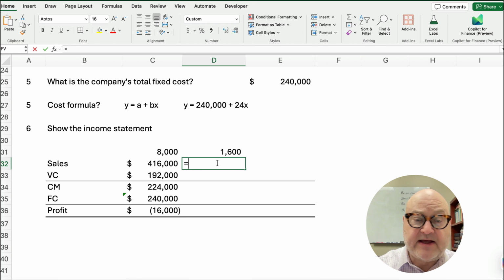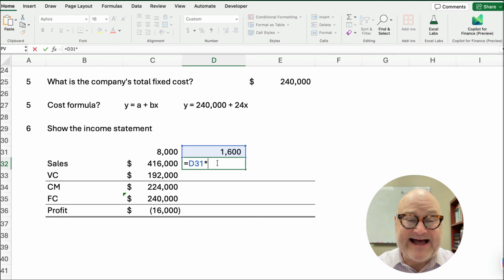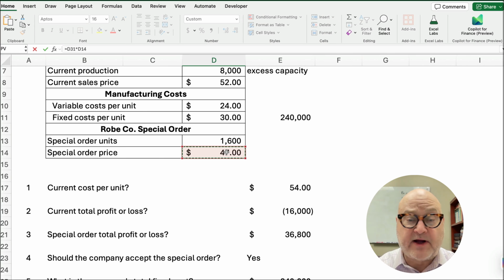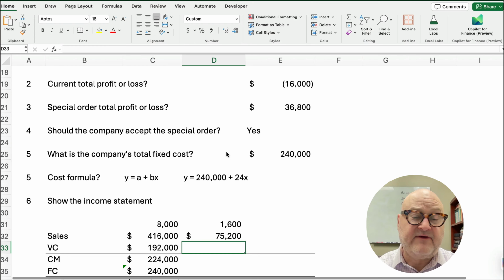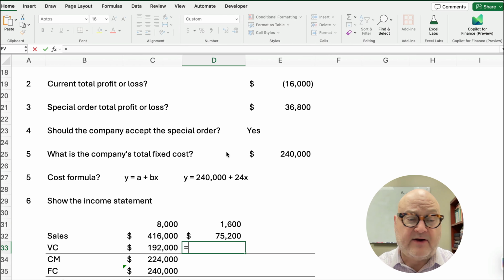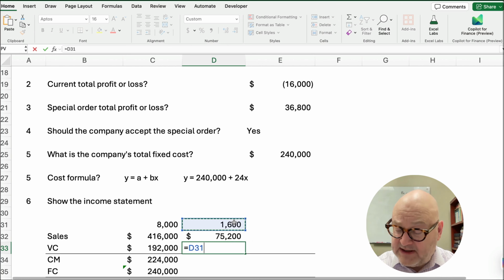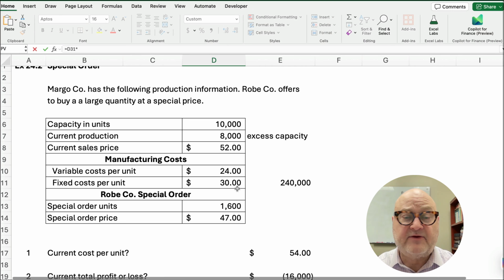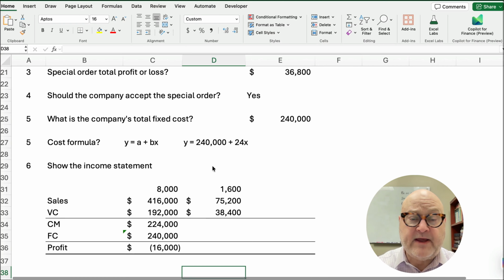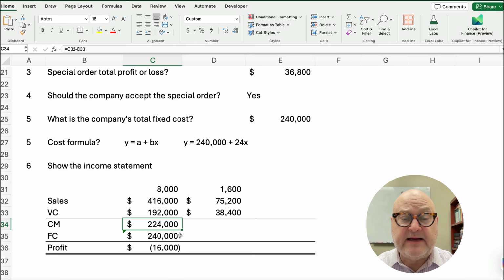So let's calculate the 1,600 times the new price of 47, the special price of 47. So we're making $75,000 in revenue. Our variable cost is going to be 1,600 times only the 24 for variable cost. What we have is take 75 minus the 38, and we get 36,800.